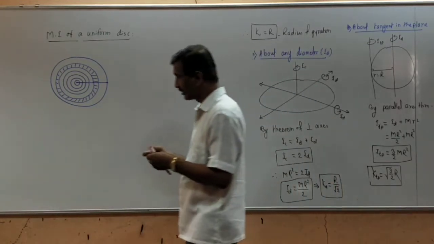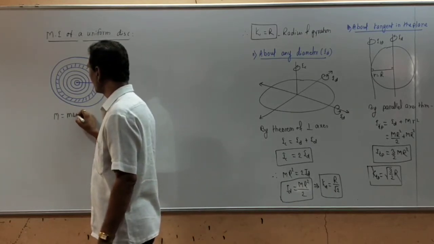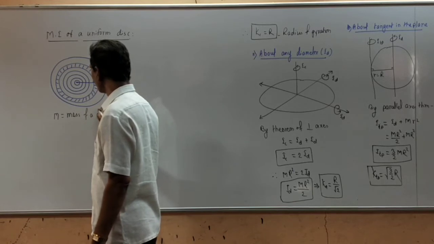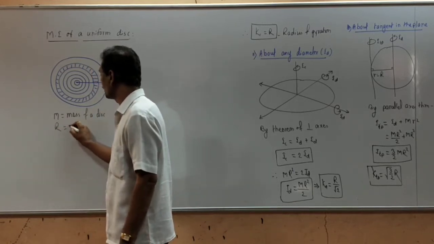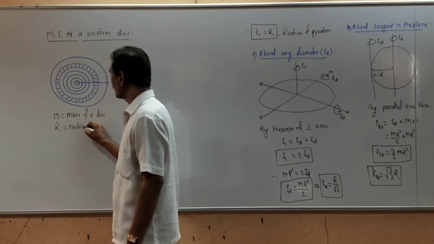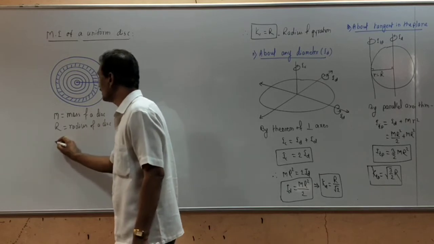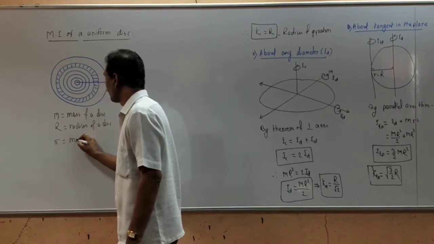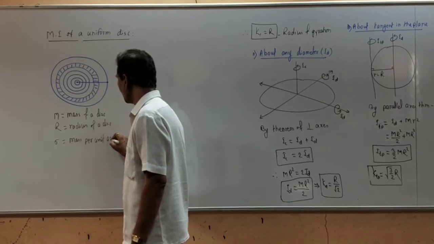So what is our given information? Here we use the letter capital M for the mass of the disk, capital R for the radius of the disk, and the letter sigma for the mass per unit area of the disk.